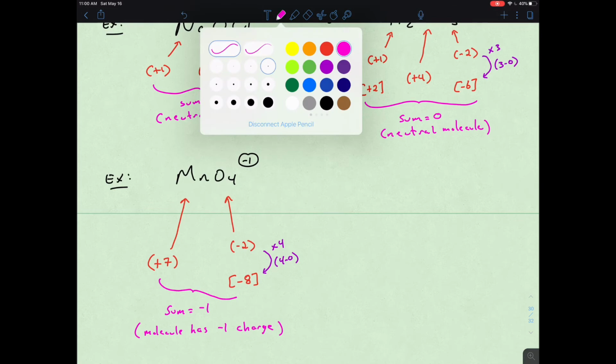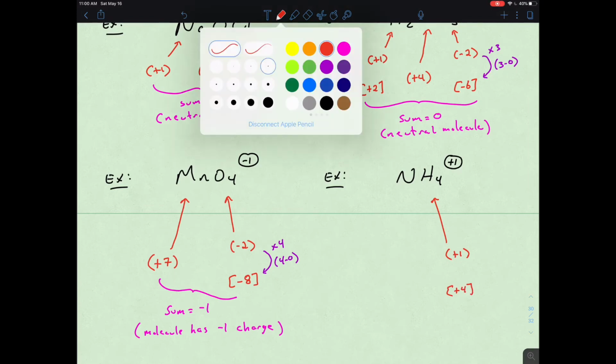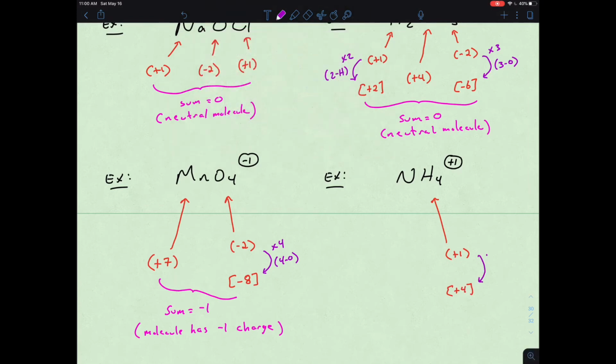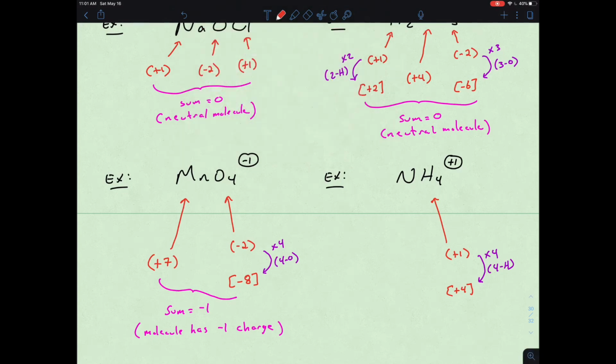Do one last example here. Do ammonium. So ammonium has a +1 charge, and if we start with our hydrogens, we have that +1 oxidation state. There are 4 of them there, so we have a total of +4. And so that means the nitrogen is going to be what we would expect.